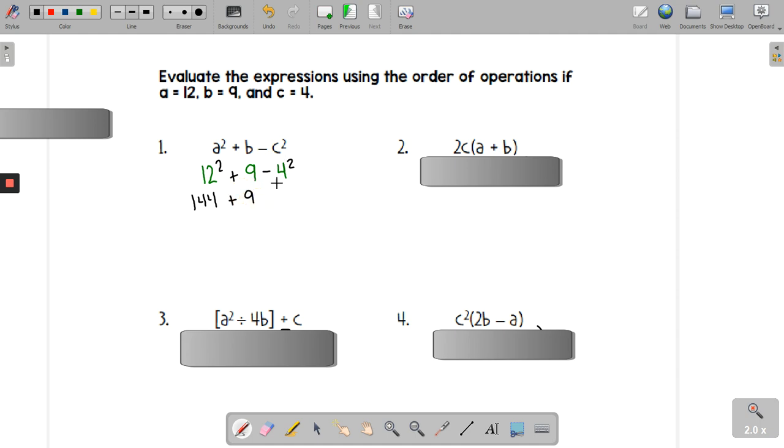And then 4 squared is 16, so minus 16. Now we can add and then subtract. So 144 plus 9 gives us 153. And then we're subtracting 16 from it. 153 minus 16 gives us 137.